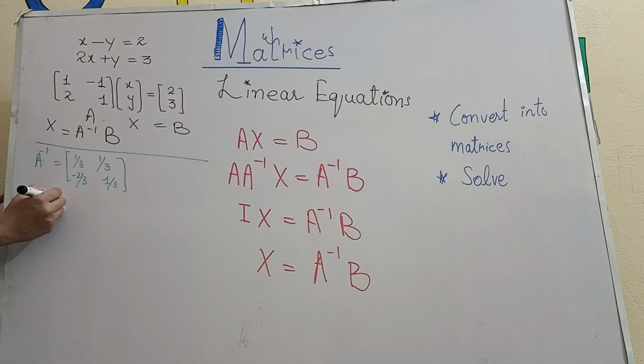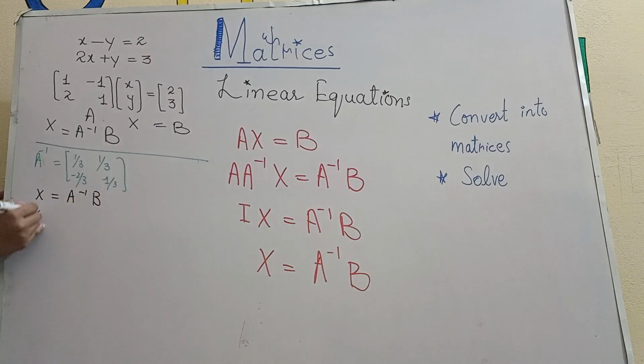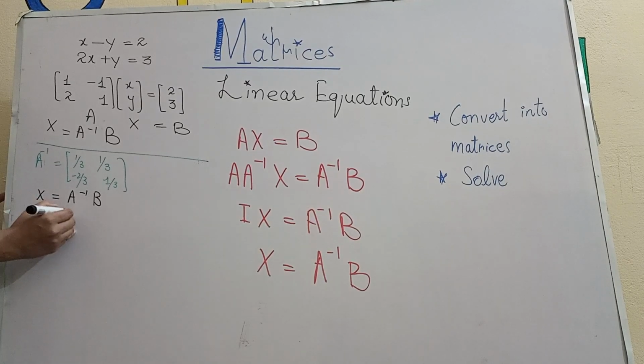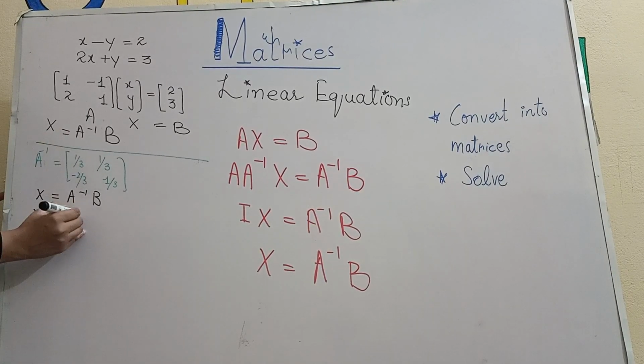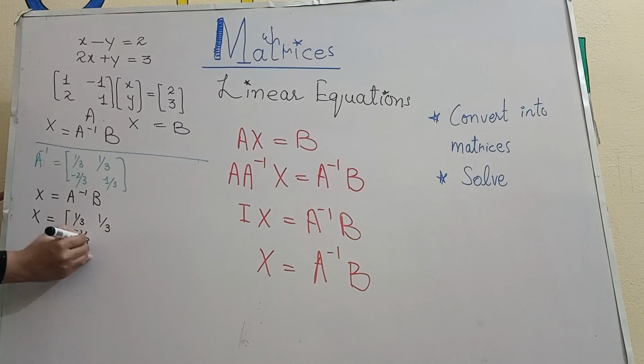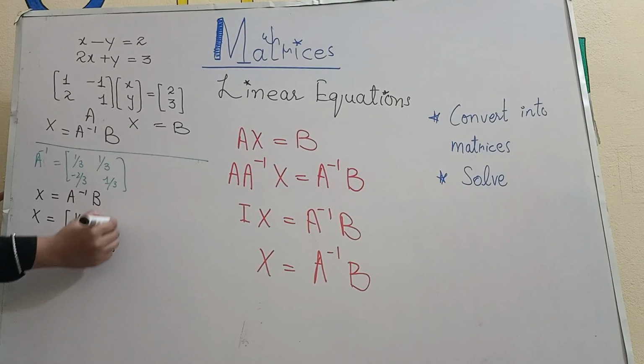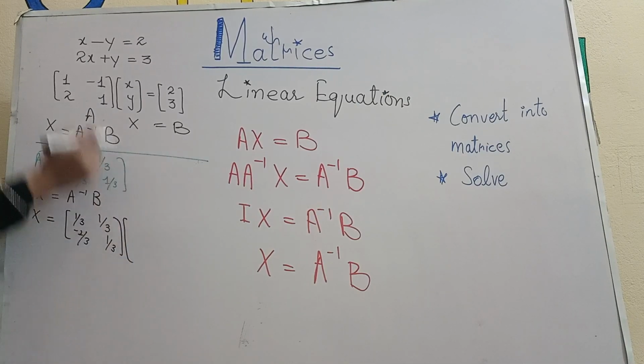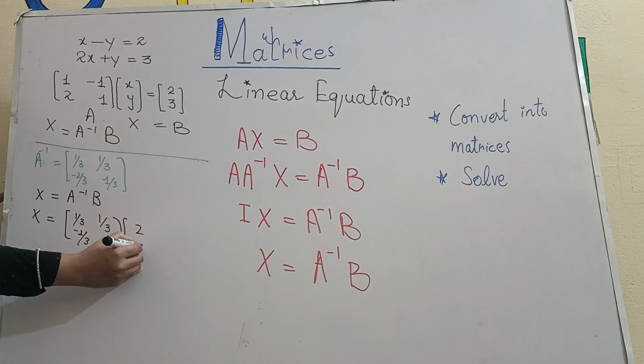So we are going to apply the multiplication over here. For finding the X value, we have A inverse, 1 by 3, 1 by 3, minus 2 by 3 and then 1 by 3. And the other matrix is, friends, 2, 3.